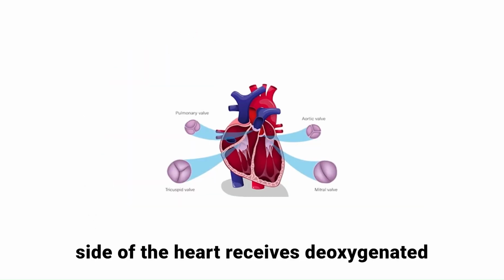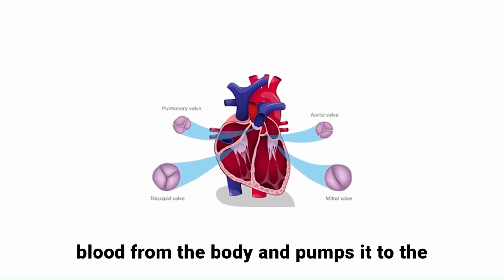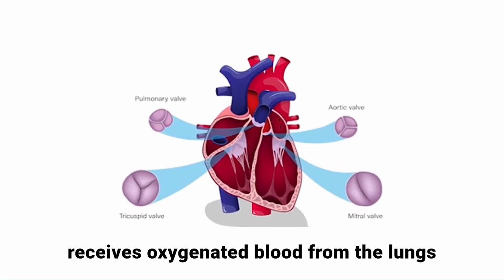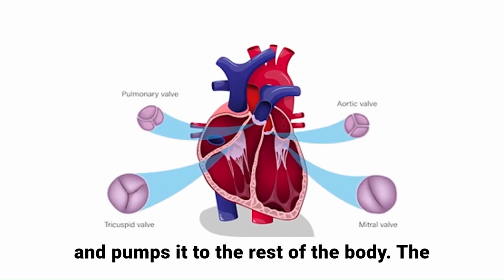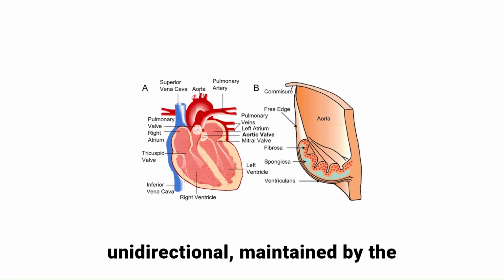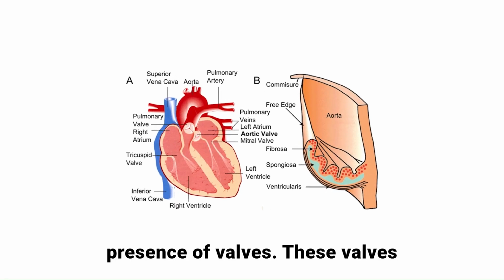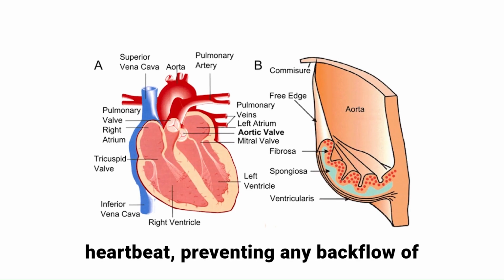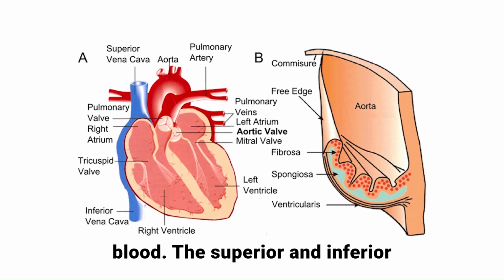The right side of the heart receives deoxygenated blood from the body and pumps it to the lungs, while the left side receives oxygenated blood from the lungs and pumps it to the rest of the body. The flow of blood through the heart is unidirectional, maintained by the presence of valves. These valves open and close with the rhythm of the heartbeat, preventing any backflow of blood.